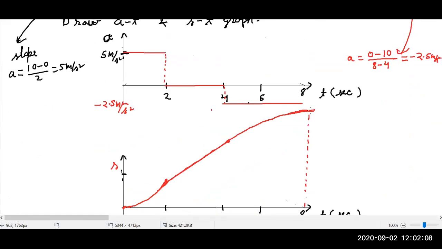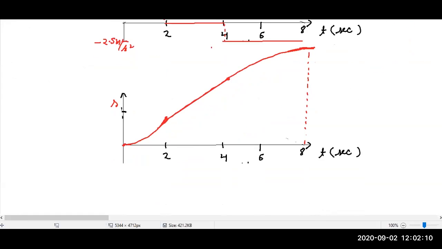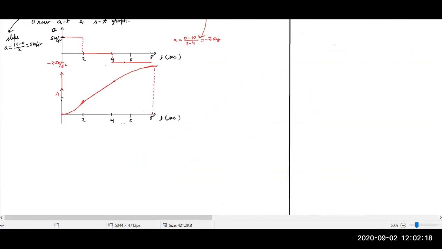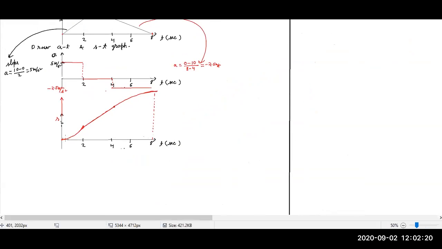So at this point the slope has become 0. So this is the ST graph for the above given VT graph. You can see initially the slope was 0, then it rose to some value, 10 meter per second, and it continued with that as a straight line, and then it started decreasing, and at 8 seconds the velocity has become 0 again, or the slope has become 0.